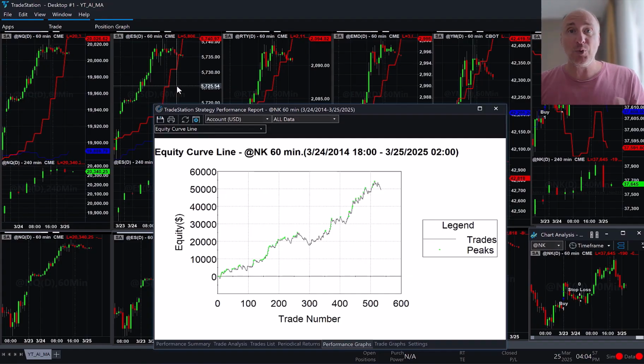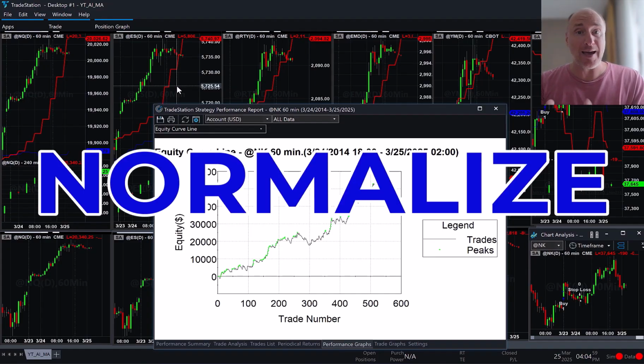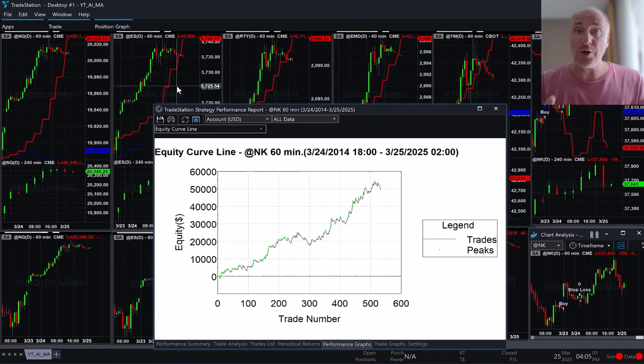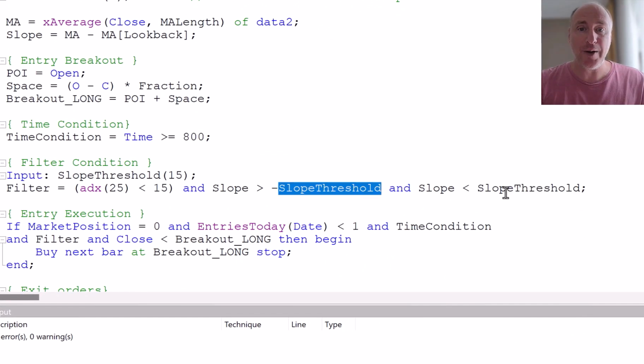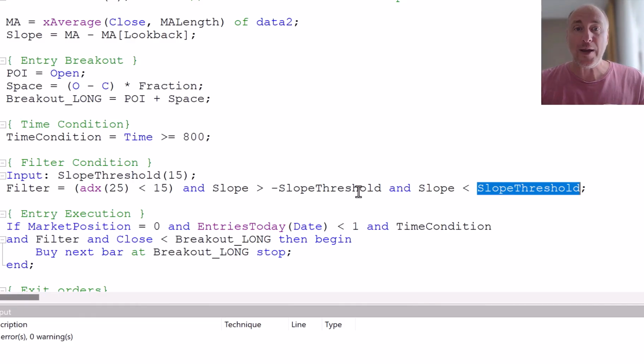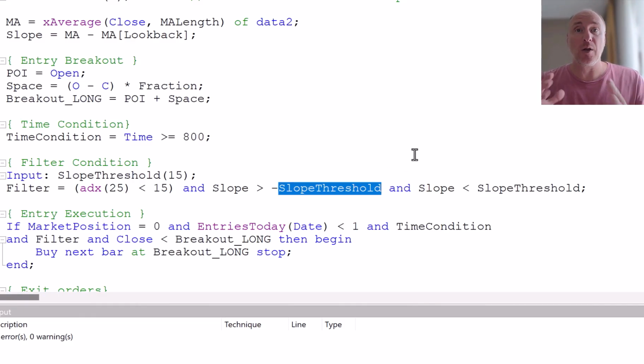So what we could do here is either normalize the threshold, for example as a percentage, or optimize this threshold for each market individually, which will be the version we will go with.